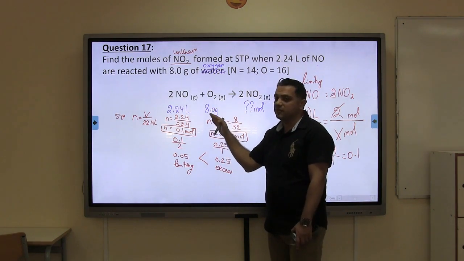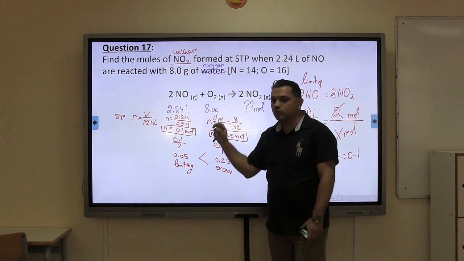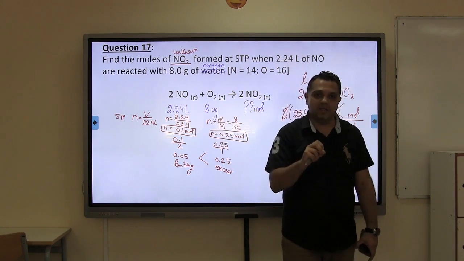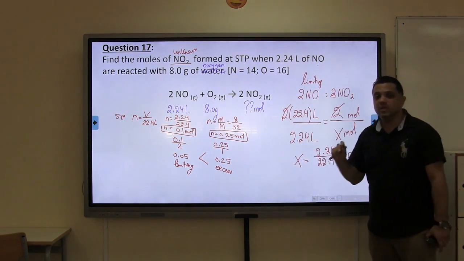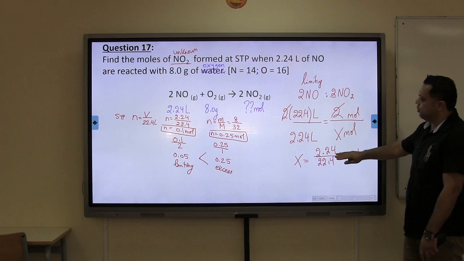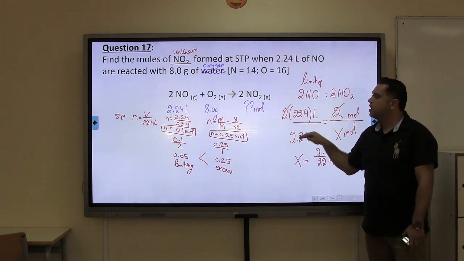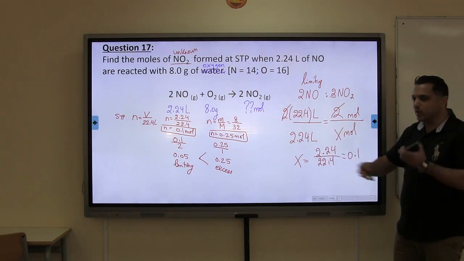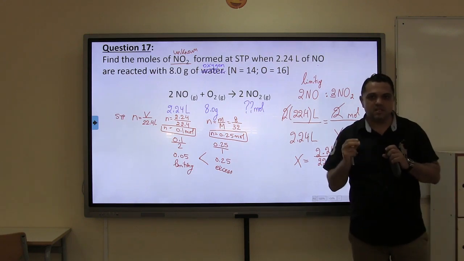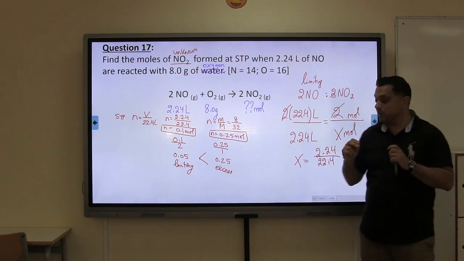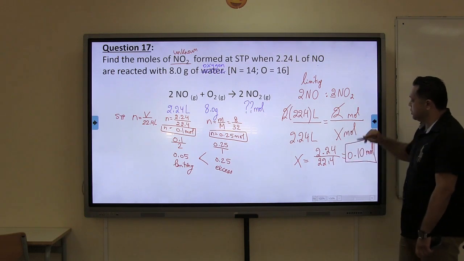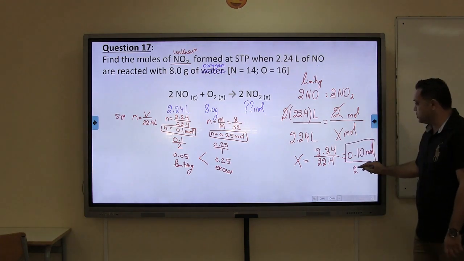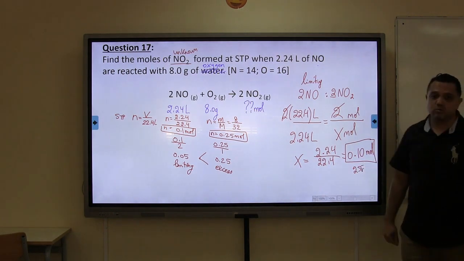So the amount that will be reacting also will be 2 significant figures. That's why the final answer should be 2 significant figures, even though I have used the 3 significant figures of the limiting reagent. But when they react, the reacted amount depends on the least significant figures. So the final answer will be 0.10 moles of NO2, 2 significant figures.